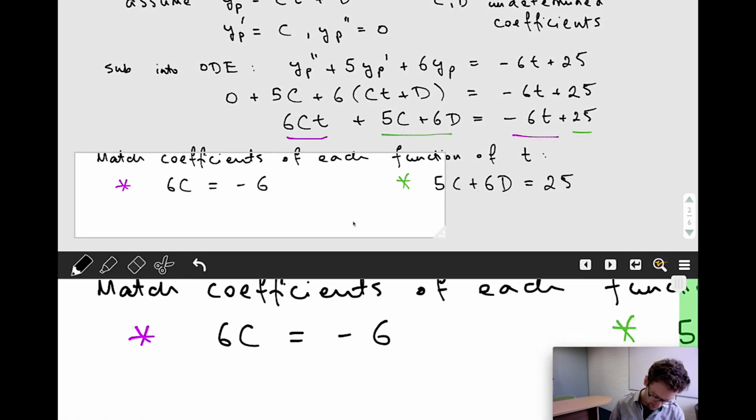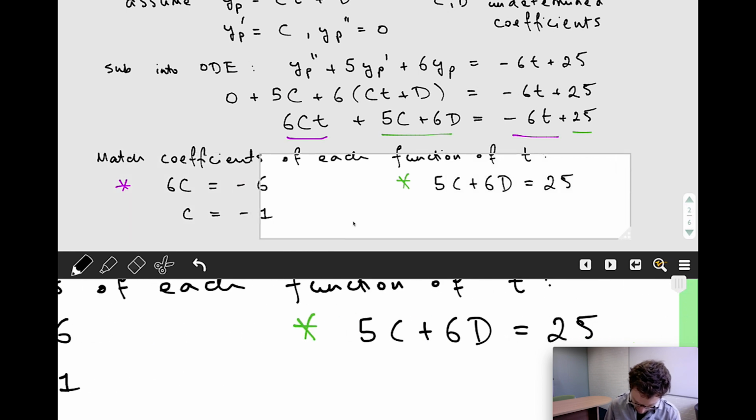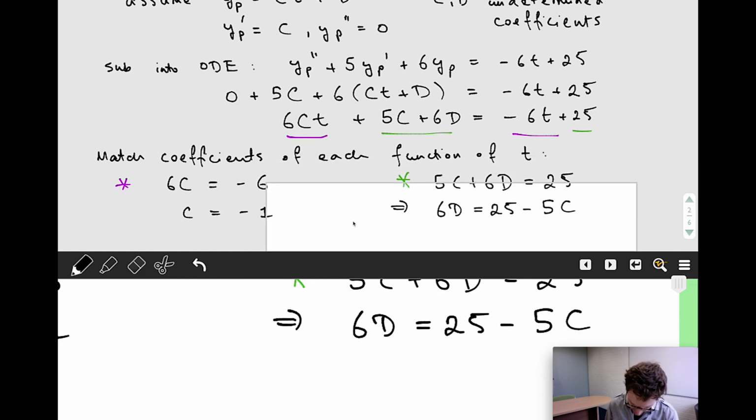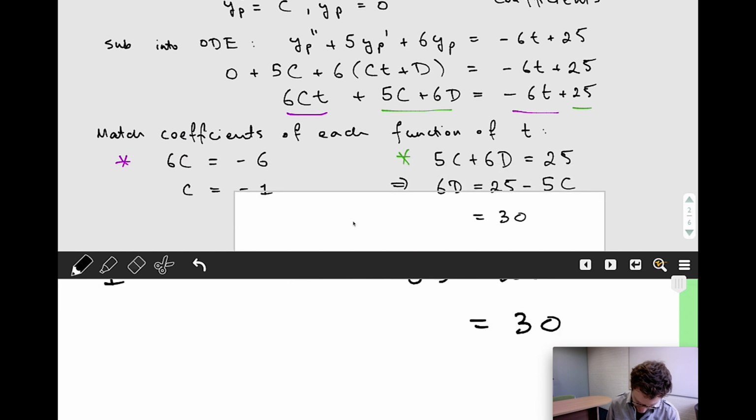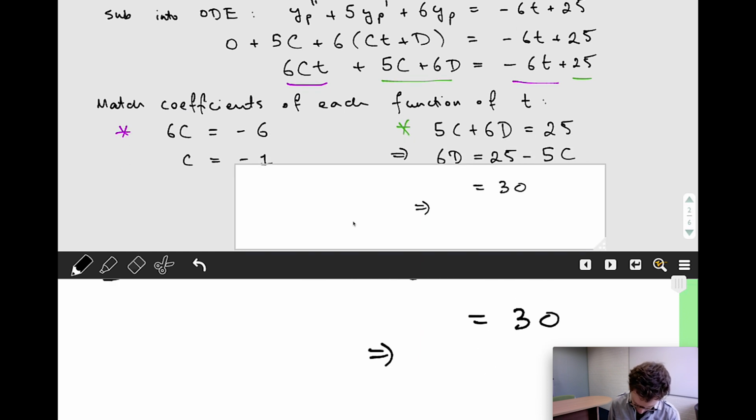I can immediately solve the purple equation, so c is equal to minus 1. Let's substitute that into the green equation. So I've got 6d is equal to 25 minus 5 times c. c is equal to minus 1, so that's 25 plus 5, or 30. So it gives me that d is equal to 30 divided by 6, which is 5.